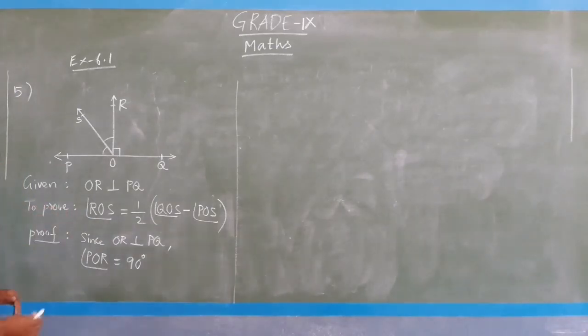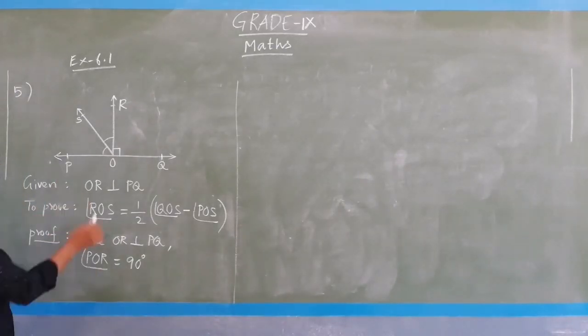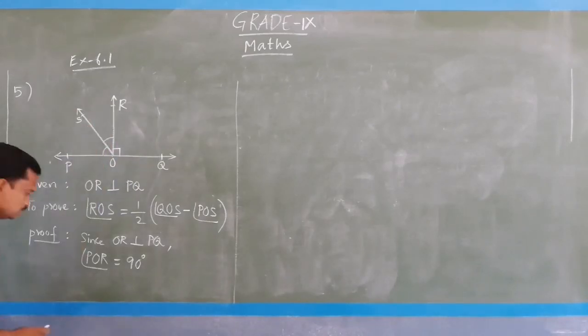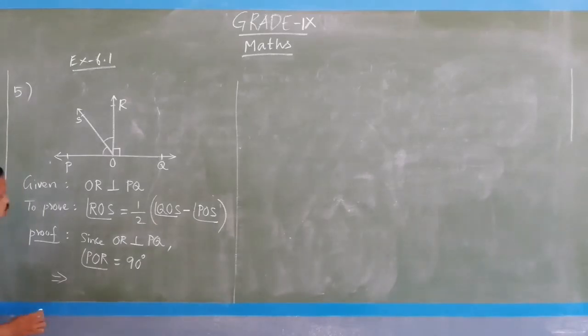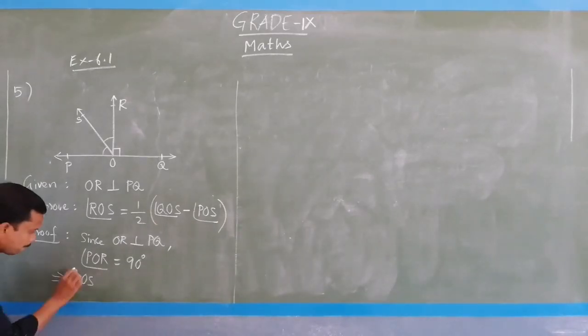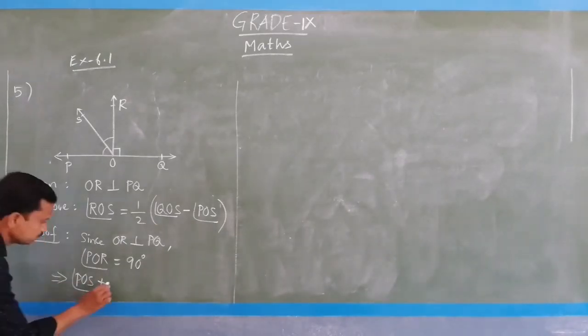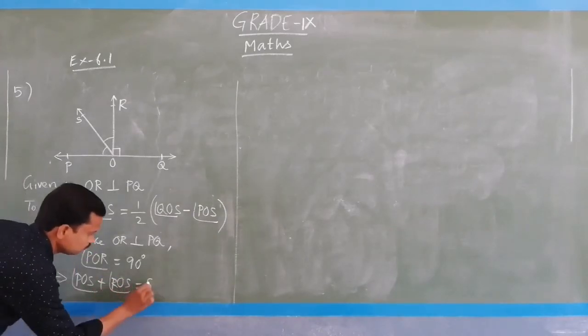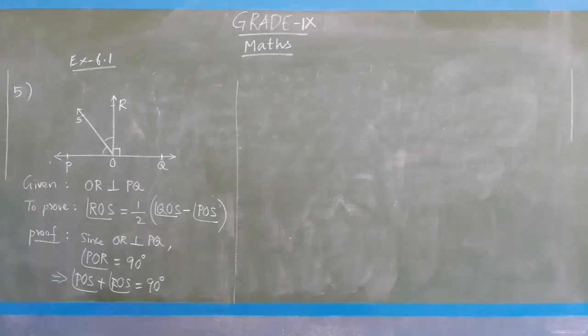So now we can write this POR as POS and SOR. It implies POS plus ROS is equal to 90 degree, and we need ROS.